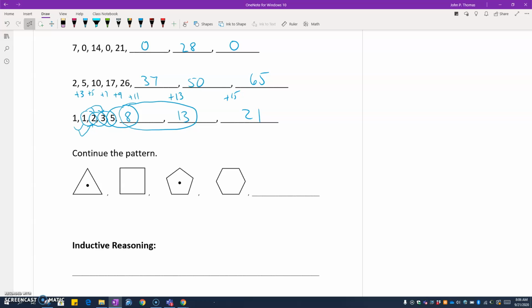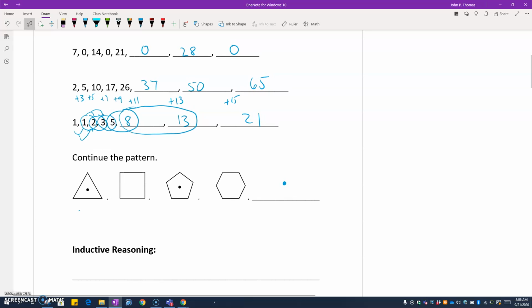Now, this last pattern, it looks like each of them alternates dot or no dot. So in this next one, I'm definitely going to have a dot. I've got 3 sides in the first picture, 4 sides in the second, 5 sides, 6 sides. So I would anticipate 7 sides in this one. I need to add one more side to that.